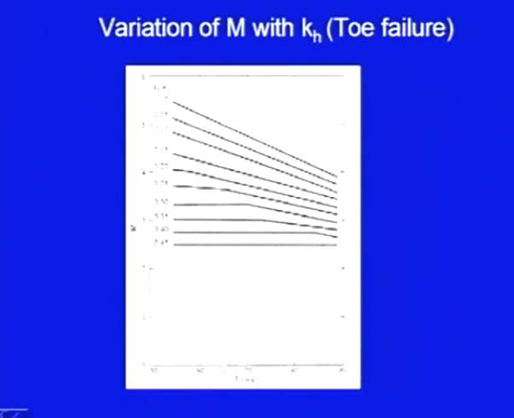So, here on the x axis it is beta and on the y axis it is m, and these are the curves for different kh. So, obviously, there is no parameter d for toe failure. For different kh values and the corresponding beta value, you can find out m and then you can do the analysis.